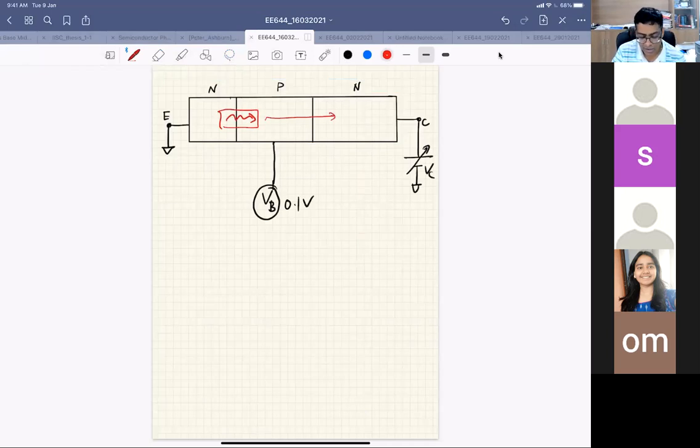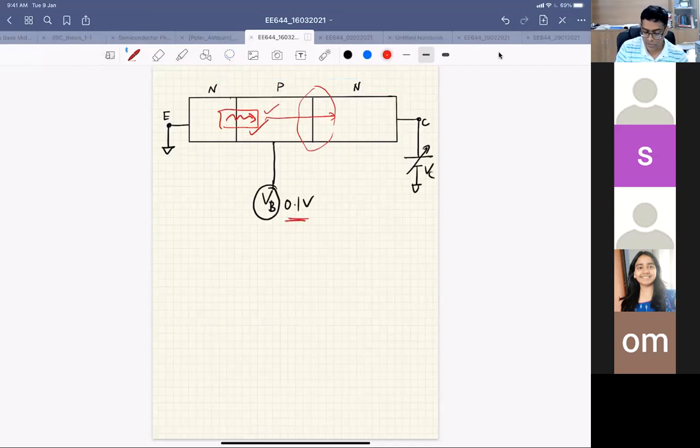BVCBO is because of carriers going from N to P or P to N, but in this case the electrons injected from emitter to base have a role to play, because when they go through this junction they could also create impact ionization.